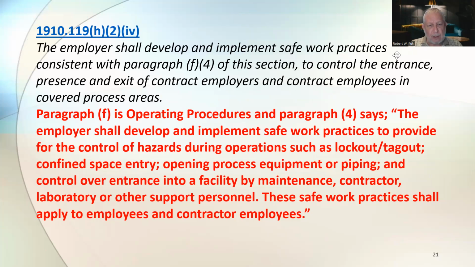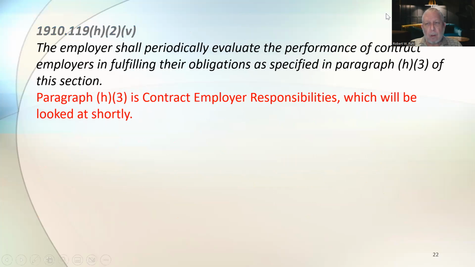And these safe work practices shall apply to employees and contractor employees. So that's where they're tying these together here. It's just your regular safe work practices that you're going to have most of these anyhow, I hope. The employer shall periodically evaluate the performance of contract employers in fulfilling their obligations as specified in paragraph H3 of this section, which we're going to look at soon.